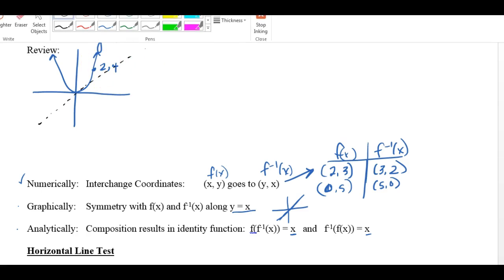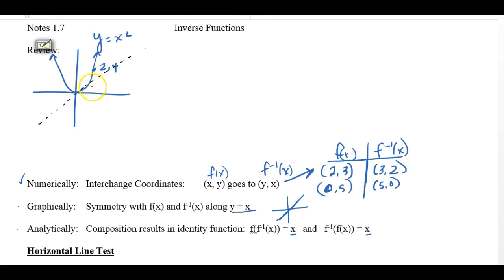If we did that, we would get a parabola going this direction, right? And what you would find if you could trace this is that the point 4, 2 is on that inverse function. So that's what's going on graphically.